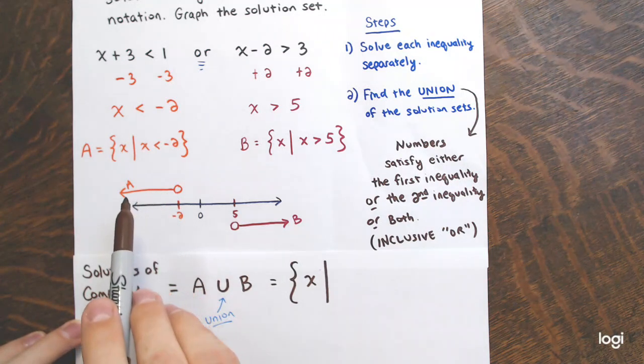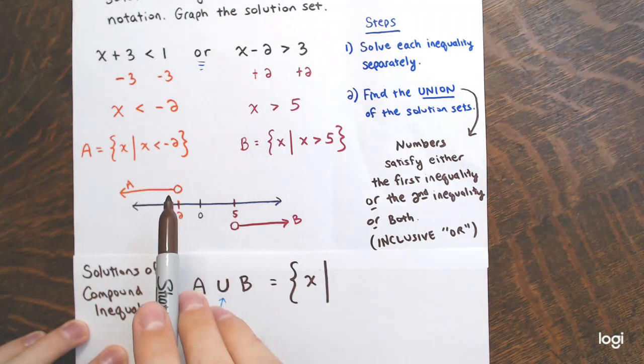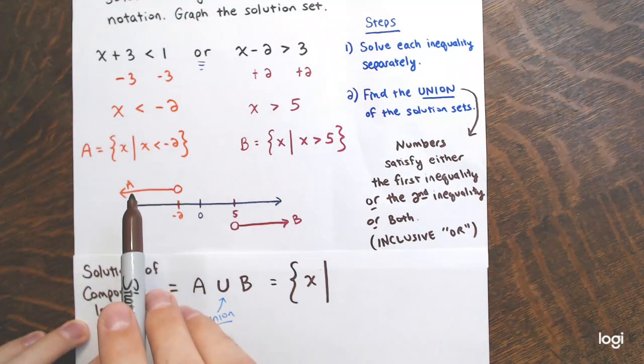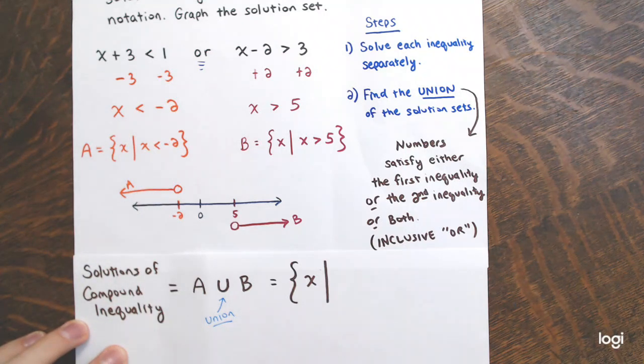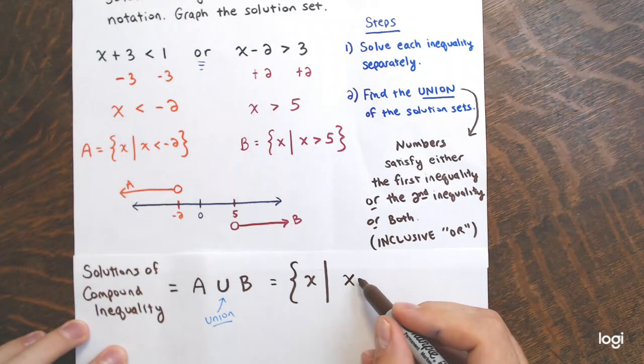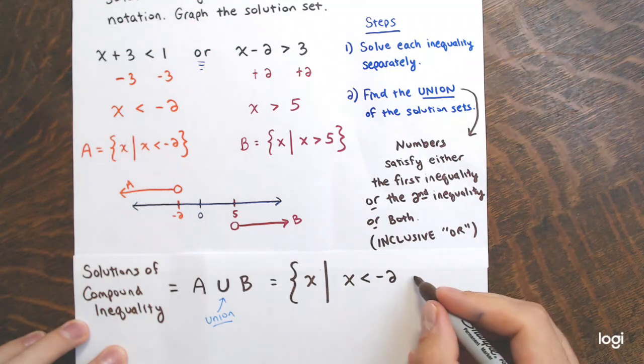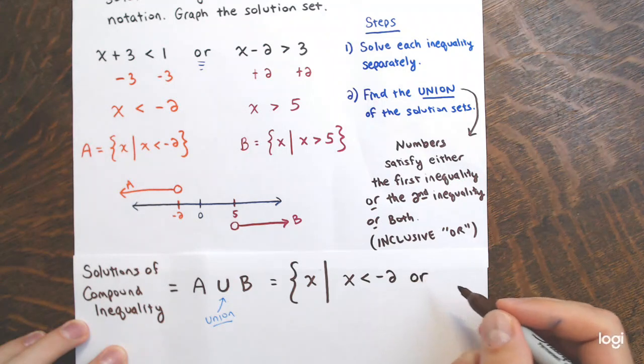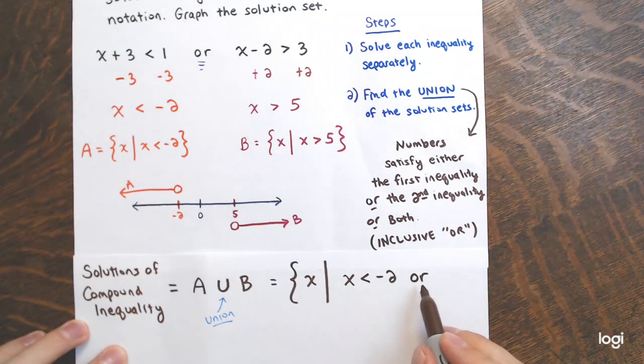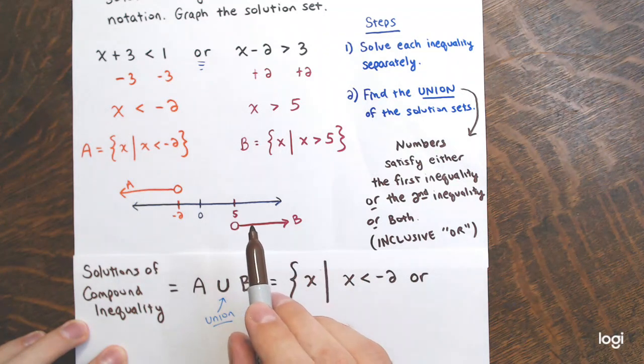All of these numbers that are less than negative 2, those all belong to A. So they belong to the union. So all the x's that are less than negative 2 are in the union. Or, and just writing the word or, and this is that inclusive or, and look at all these numbers here.